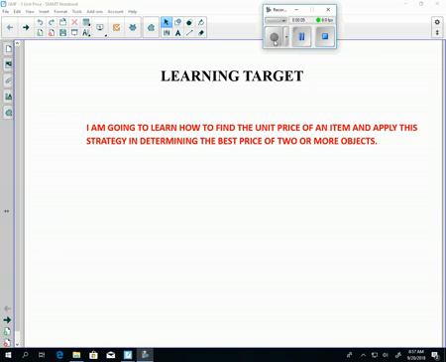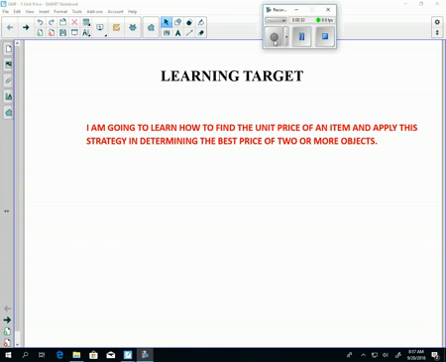Today we're going to be looking at how to find a unit price of items that we buy normally in the stores, whether it be grocery stores or hardware stores. And we're going to use this strategy in trying to find out which is a better price of two or more objects. Quite often when we go to stores, you'll see some things in different packages.